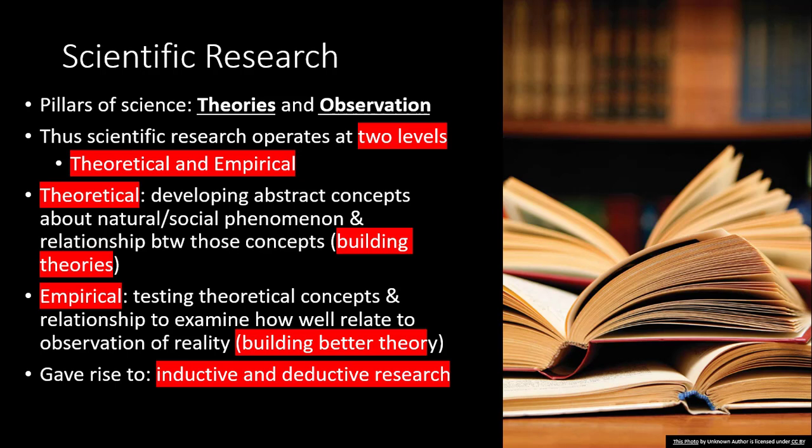All these are concepts. Productivity, human capital development, they are concepts. We might want to see how is the relationship between these two. How do they relate to what we see in the real world?